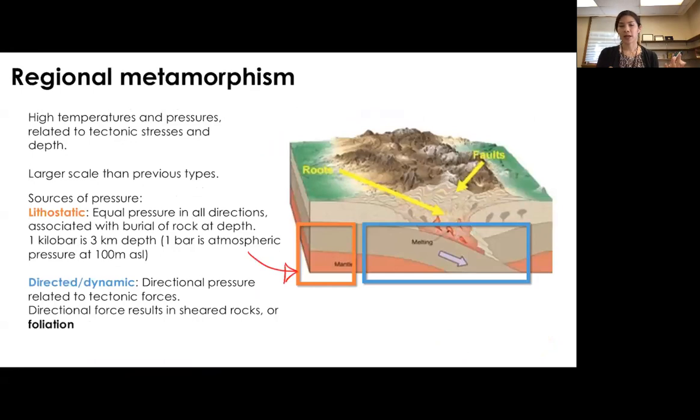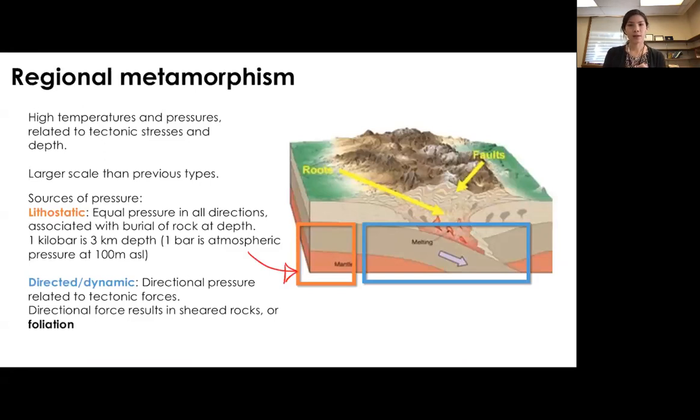This is called lithostatic pressure. It's just the burial pressure. And that pressure is pretty equal in all directions. And so because it's equal pressure, we tend to get metamorphism that doesn't have any sort of what's called foliation to it. So there's no directional alignment of the resulting metamorphic rock.